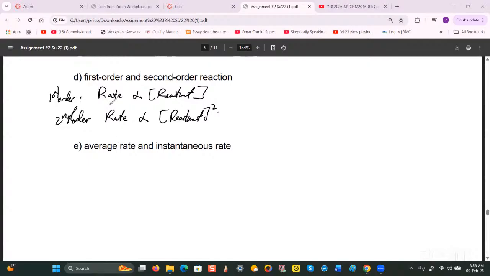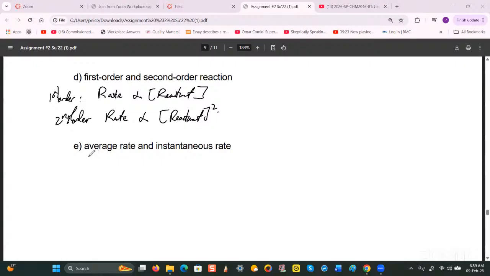So that's the essential difference between the first order reaction and the second order reaction. First order, the rate is proportional to the concentration of the reactant. Second order, the rate is proportional to the concentration of the reactant squared.